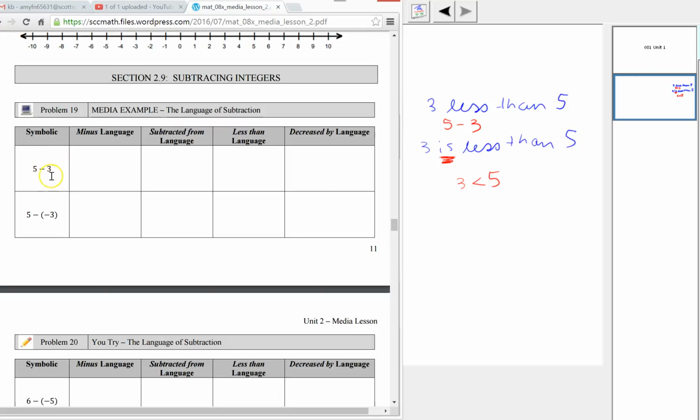It's really good to start with positive numbers. They also have an example with negative numbers, but when they have trouble with this later, I ask them to think about positive numbers.